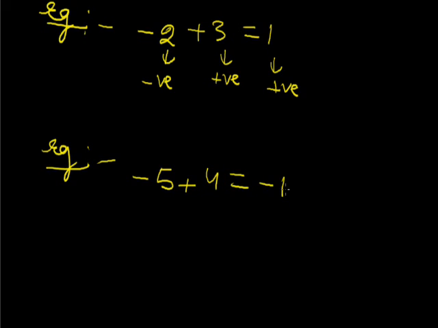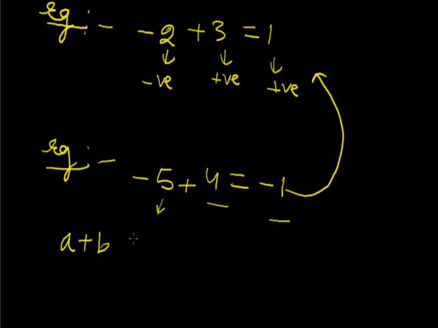Please compare this with the previous example. In the previous example we were adding minus 2 plus 3 gives you 1, because minus 2 is less than plus 3 and gives the answer as positive. But in this third example we are adding minus 5 with plus 4 gives the answer as minus 1, because minus 5 is greater in magnitude than plus 4, so we get the answer as minus 1.